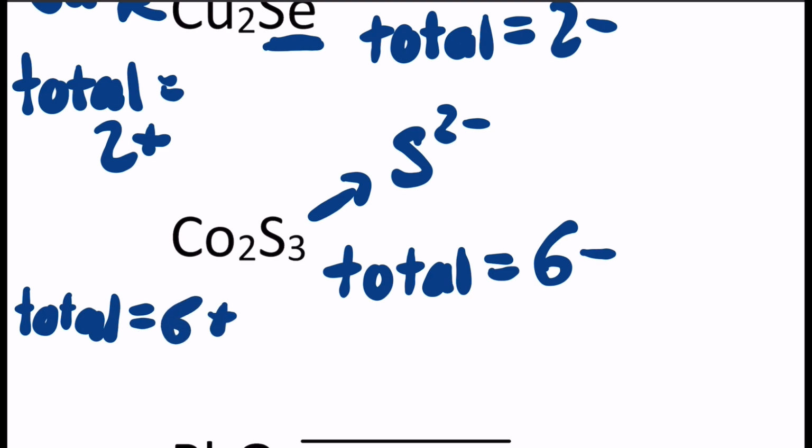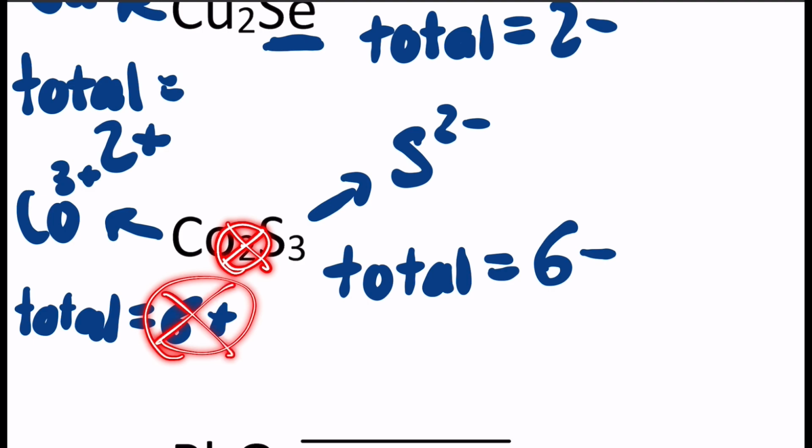So you ask yourself, okay, cobalt, there's 2 of them, somehow 2 cobalts add up to a +6 charge. If that's the case, then each cobalt must be some sort of +3 charge, because 2 of those +3s will add up to a +6. So the Roman numeral, remember the Roman numeral is not how many metals there are.